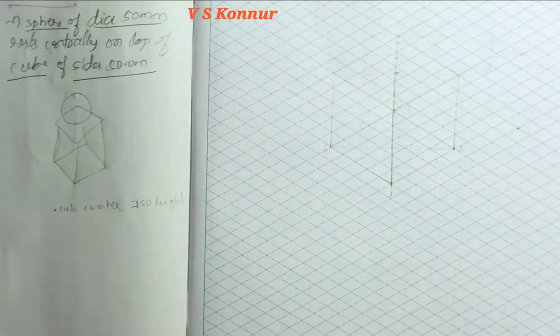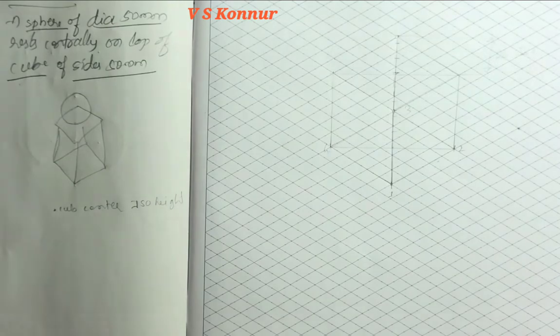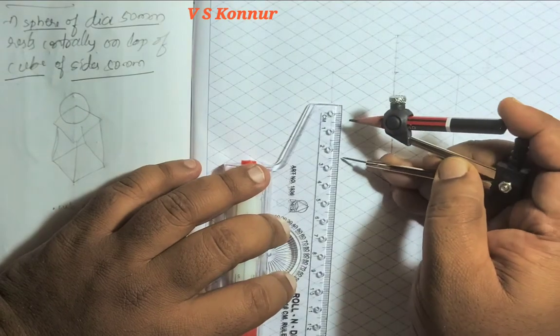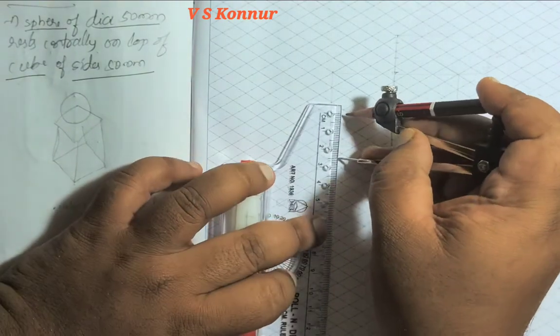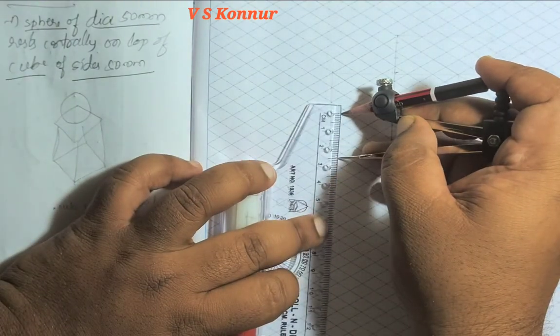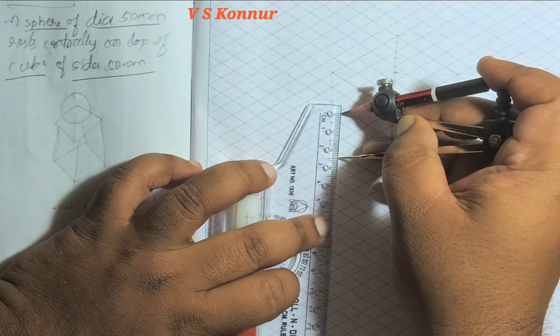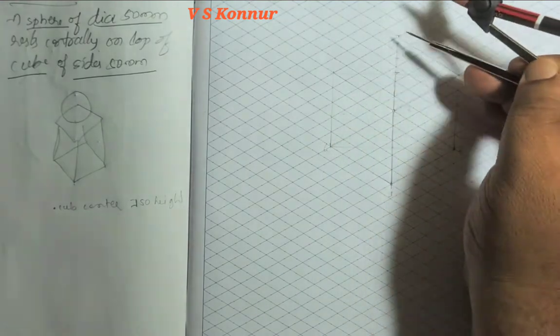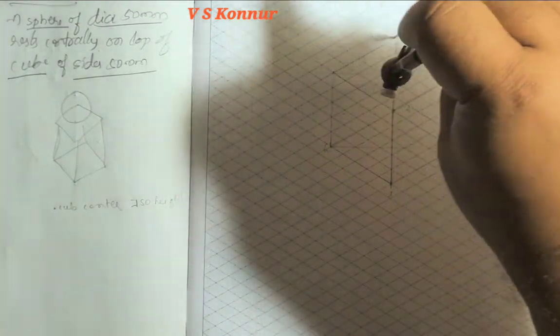From this you have to draw the original length sphere. We'll show you. From the original scale you have to take the 25 mm distance. So 25 mm distance I have taken from the original scale. Please remember, original scale. Here you got the height.